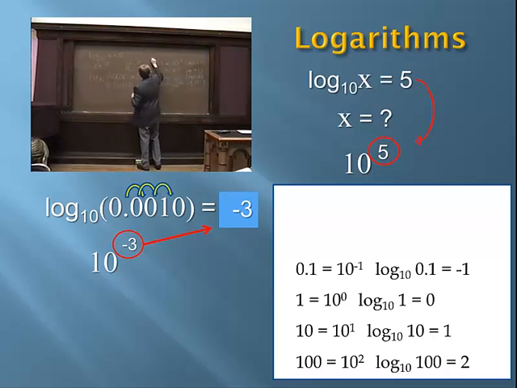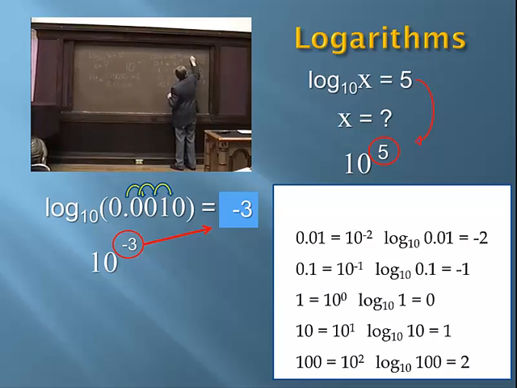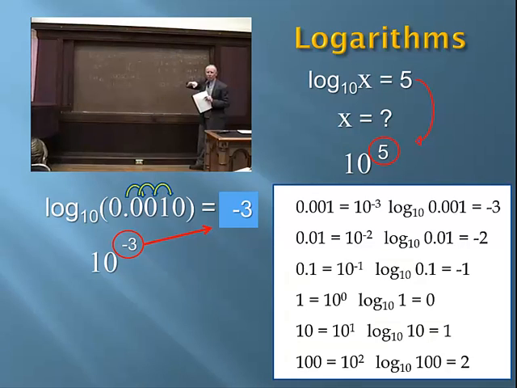Okay, so 0.01 is 10 to the minus 2. The logarithm of 0.01 is minus 2. 0.001 is 10 to the minus 3. What's the logarithm of 0.001? Minus 3.